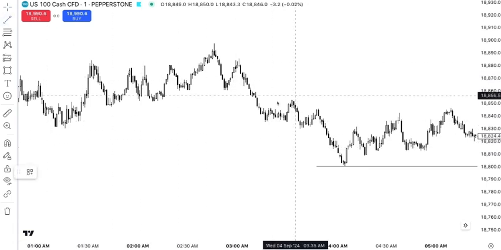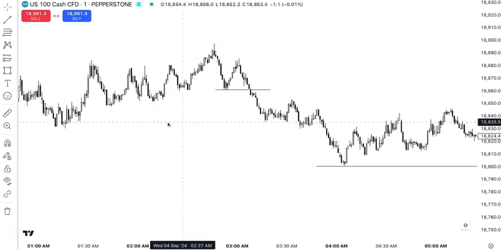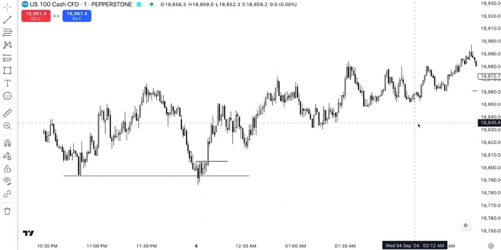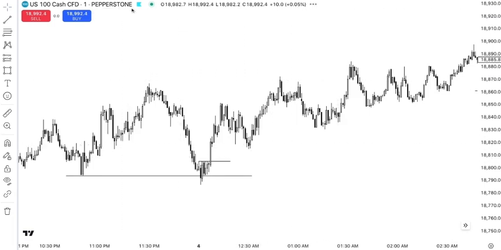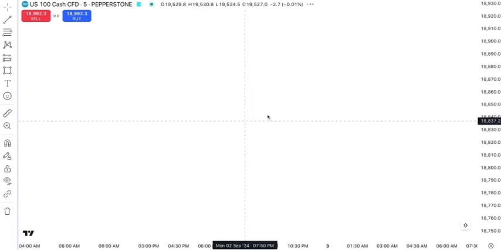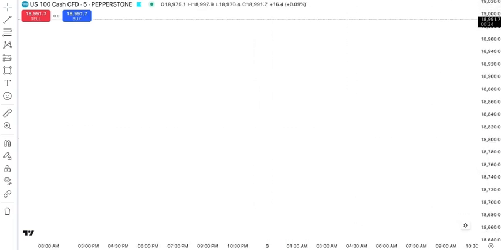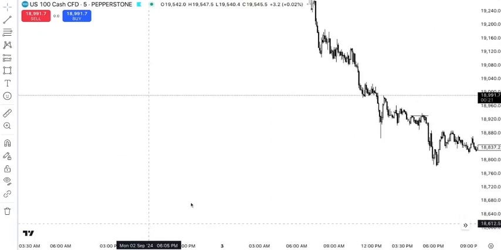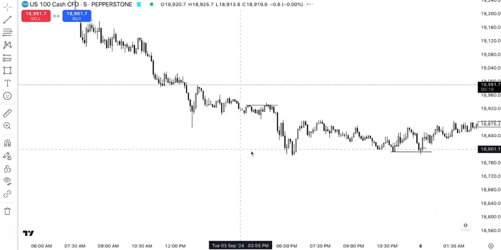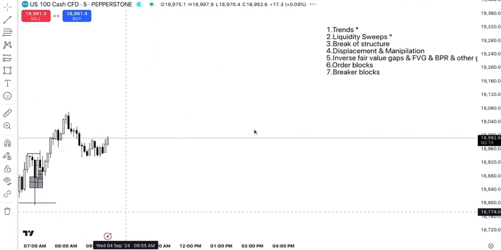We also had this right here. And then break of structures are more likely to work on higher time frames. On the low time frame, it does switch back and forth a lot. So I would suggest you guys use this break of structure for higher time frames.